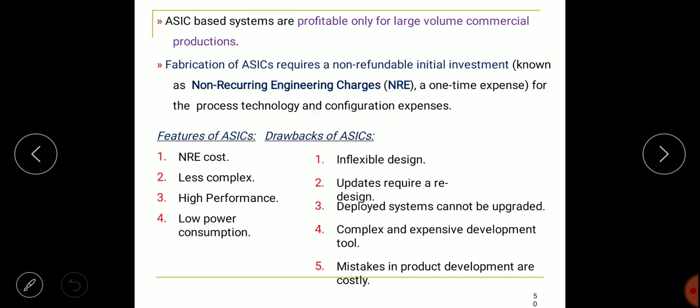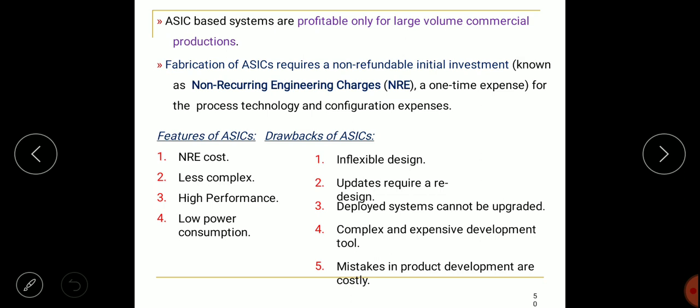Next, ASIC based systems are profitable only for large volume commercial production. Large volume means millions of devices need to be produced. For that production, ASIC systems are very profitable.